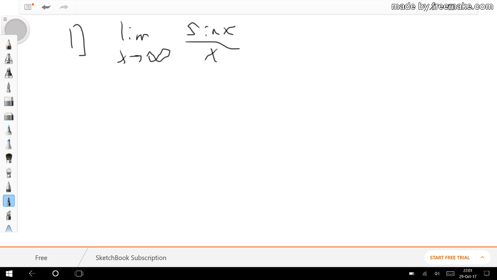So what we want to start with first is recognizing that sine of x is always going to be greater than or equal to -1, and it's always going to be less than or equal to 1. Think, sine of any value will never equal 2.